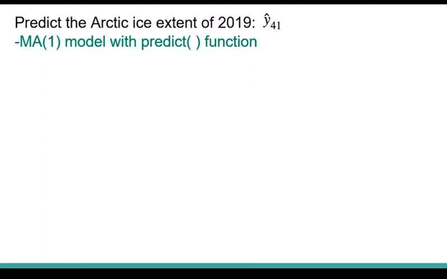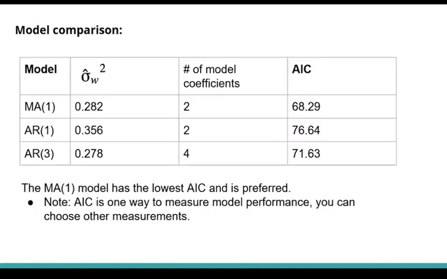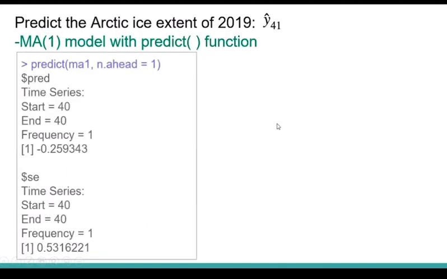So we're going to use the best model, which is the MA of order one, as judged by the values of AIC, because it has the lowest AIC, to make the prediction.